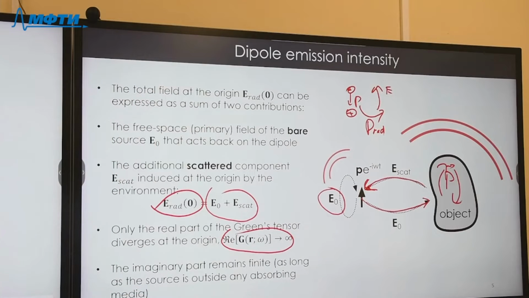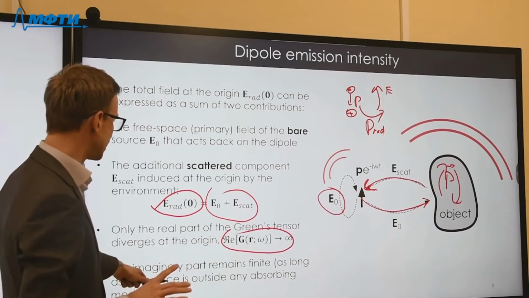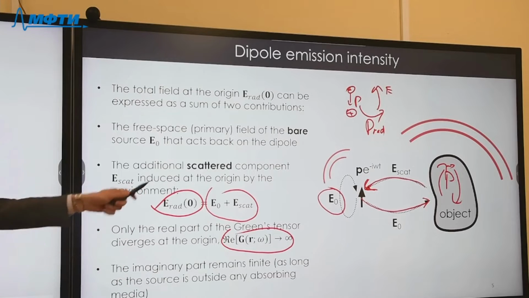And this is guaranteed as long as your source is located away outside any absorbing media. And the imaginary part at the same time will be finite as long as your dipole is located in a transparent medium. Of course, you're going to face a difficulty when you place a dipole into an absorbing medium.